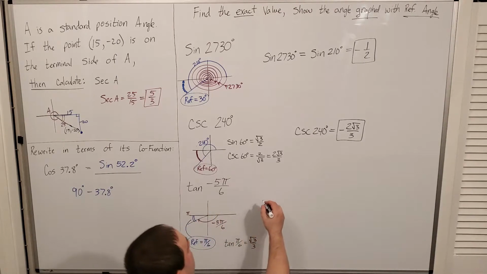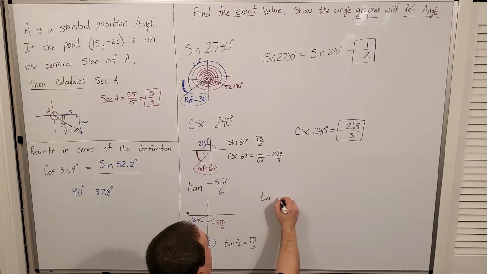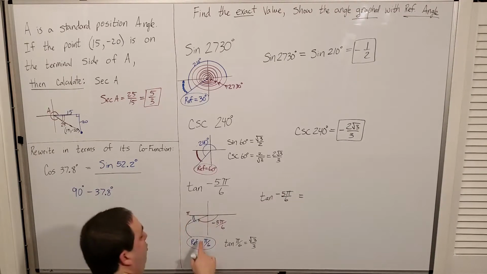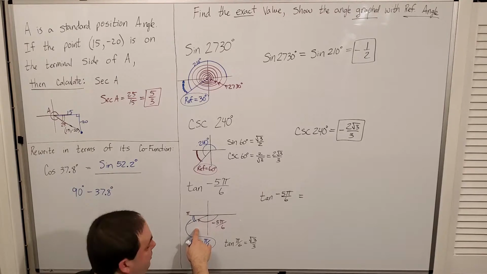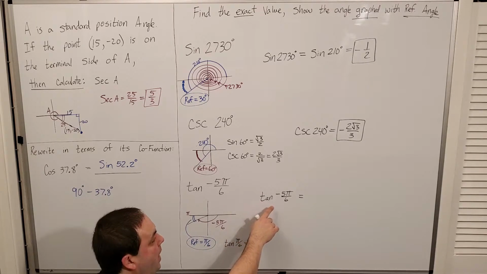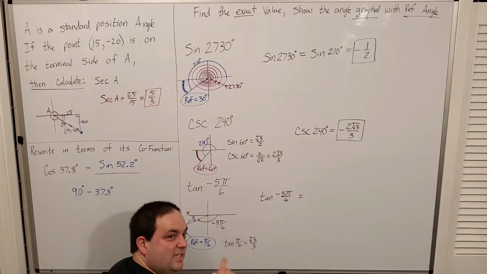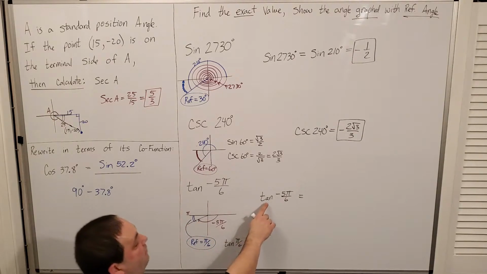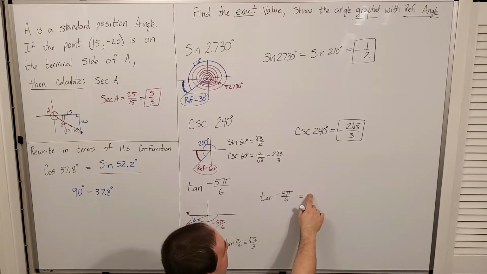So then the tangent of negative 5 pi over 6, well, we're in quadrant 3. Remember, in quadrant 3, all students take. Oh, that's the T quadrant. That's tangent. The tangent should be positive, even though the angle is negative. I'm in quadrant 3. Therefore, I have a positive answer over here.